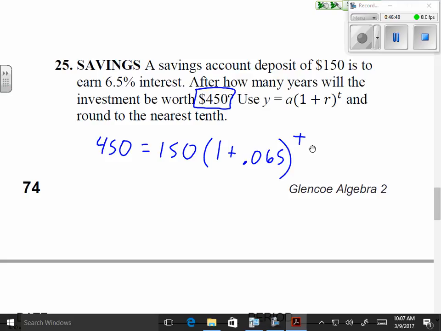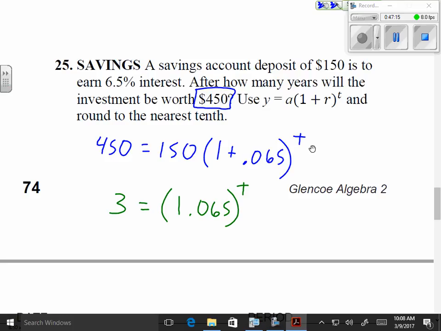So this becomes, divide both sides by 150. 450 divided by 150 is 3. 1 plus 0.065 is 1.065 to the t power. Now I can turn this into logarithmic.